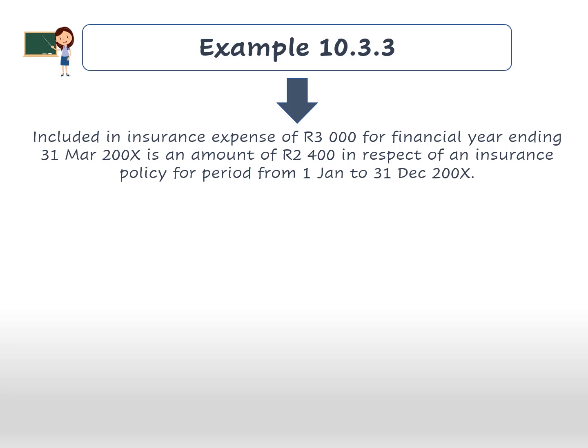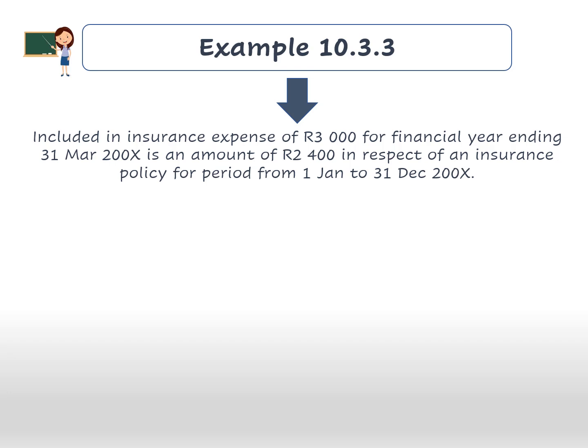The current financial year ends on 31 March, but this specific insurance policy that costs 2,400 Rand extends beyond the 31st of March. So it extends past the current financial year into the next financial year.